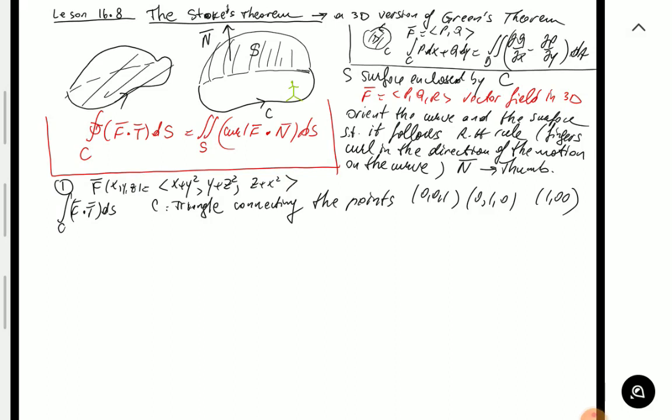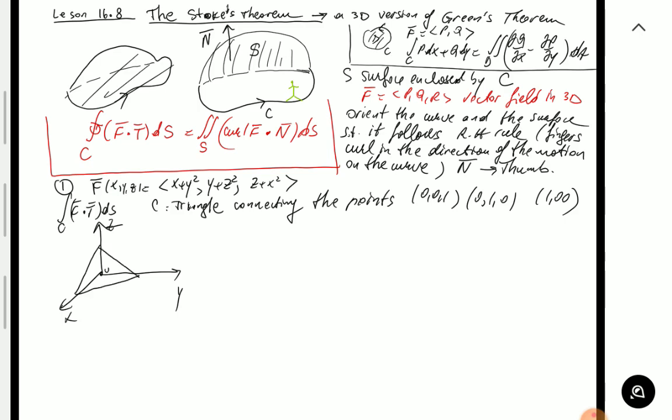All right, so let's continue. Like I said, the curve is a triangle given by these points. So let's sketch that triangle. It has some sort of a symmetry, as you can see here, right?